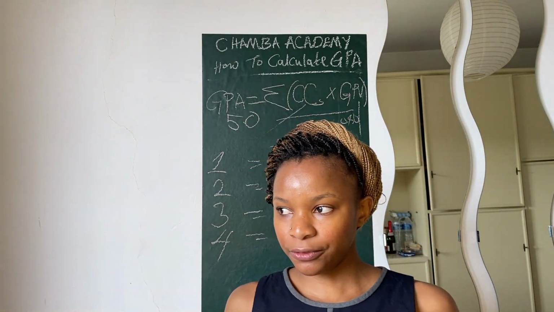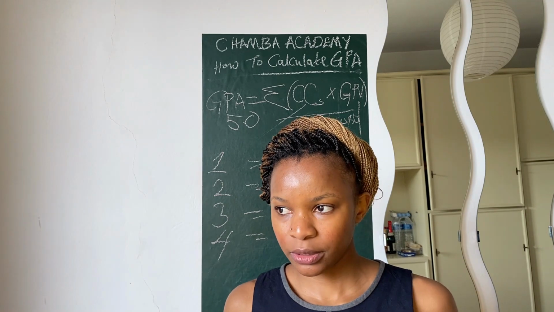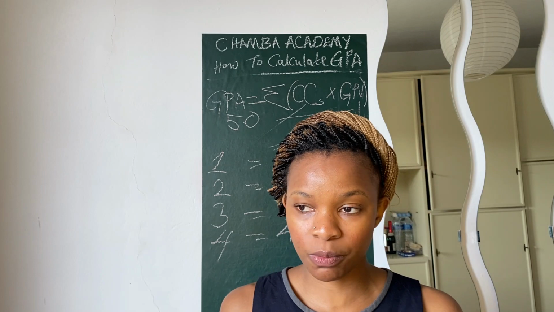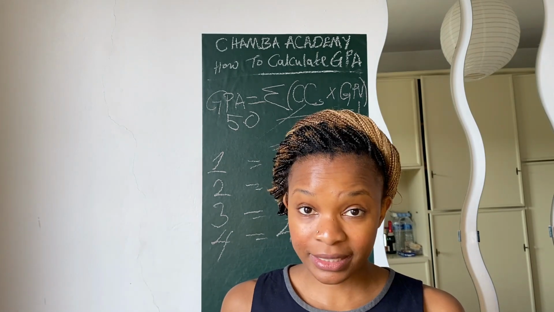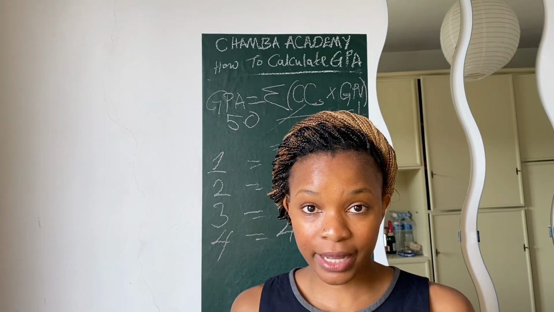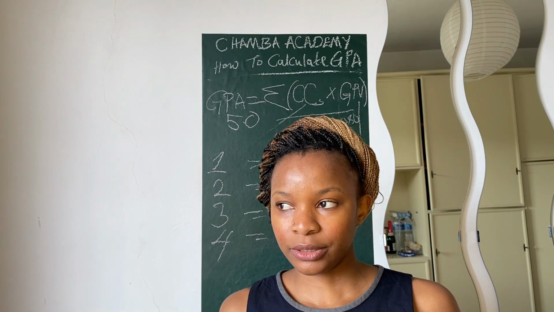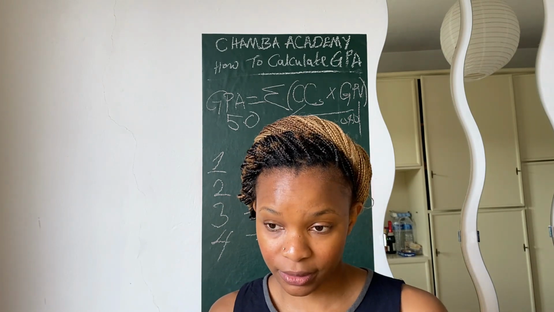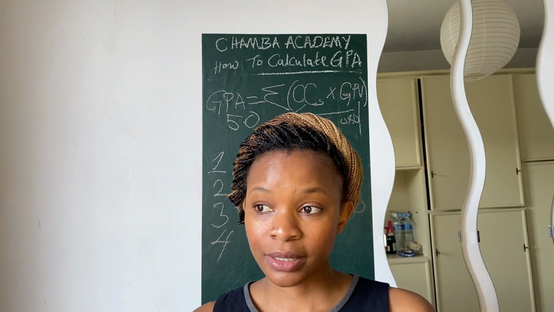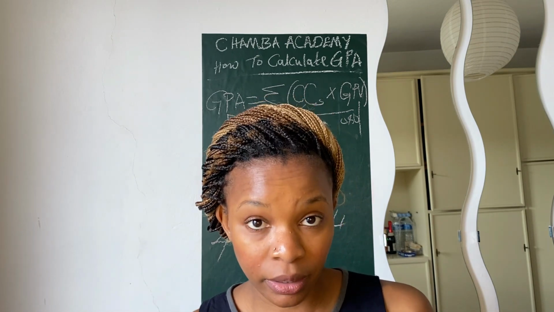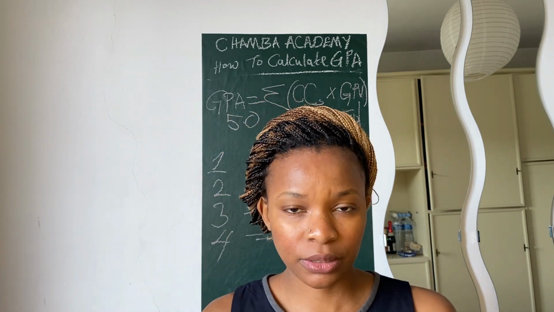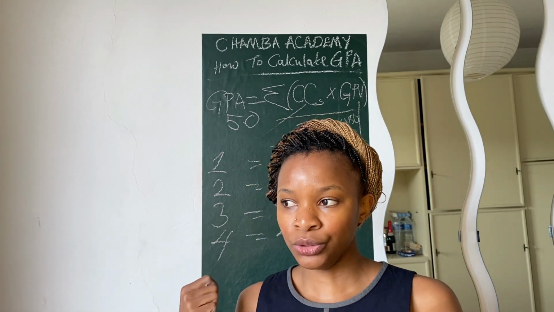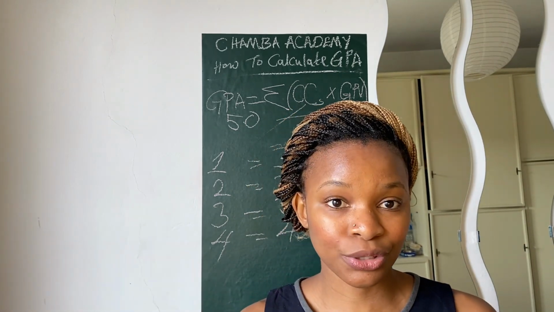Now, some of you might be wondering, what if I failed the course and then had to redo the course and then got a better grade? Do I add the course that I had to redo to my GPA? No. If you failed a course, you redo it and then you get a B plus or an A or whatever grade, you cannot add it to your GPA. You can't add it to your calculations. It's equivalent to 0.